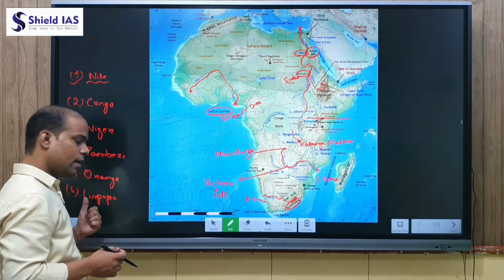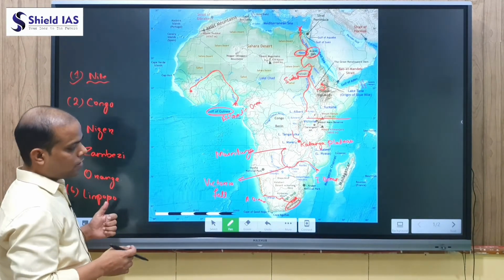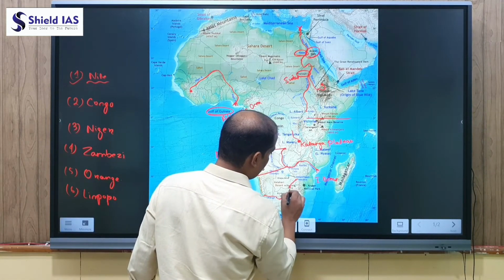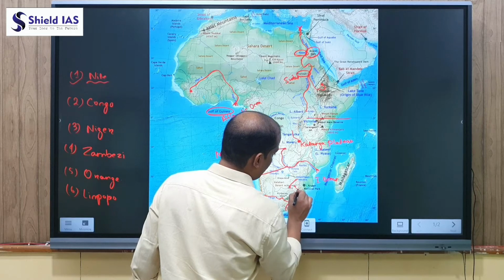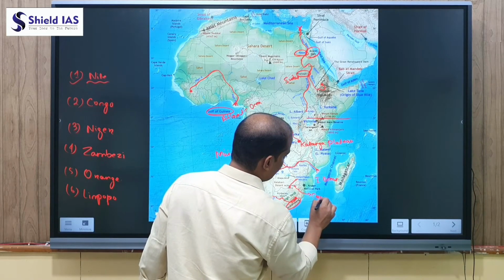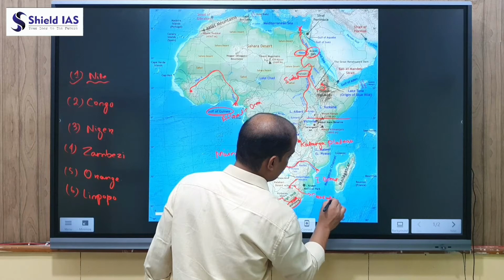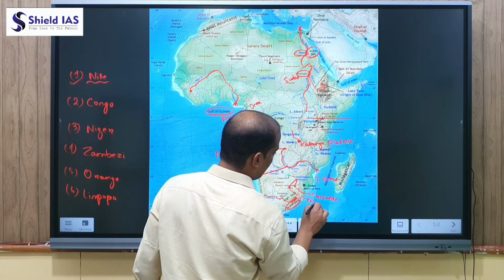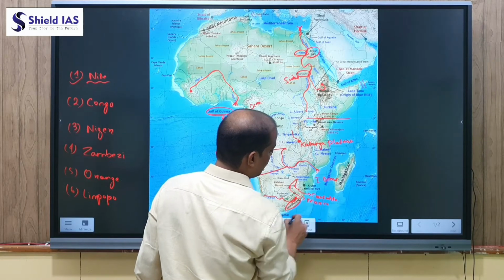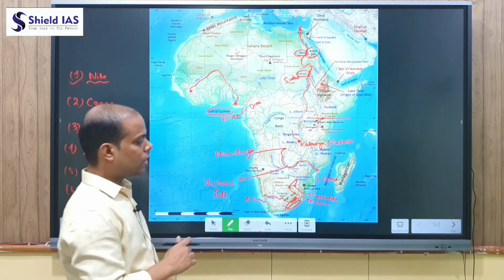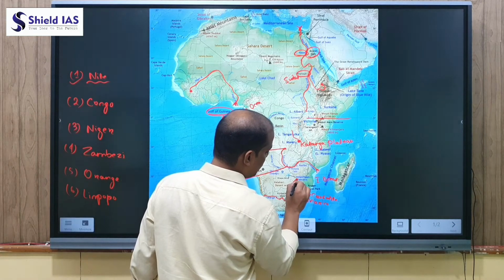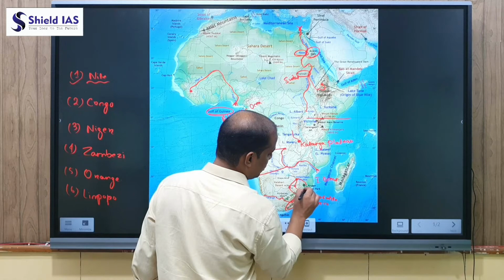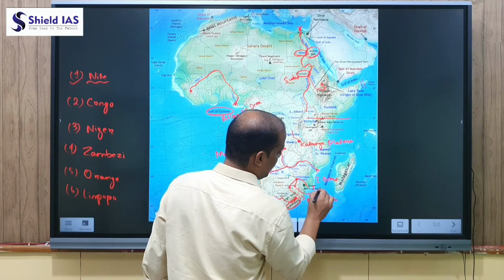Similarly, river Limpopo has two branches, one is Crocodile and another is Marico. Both river Marico and Crocodile join at the confluence here, and it moved toward the eastern direction and ends in the Indian Ocean.